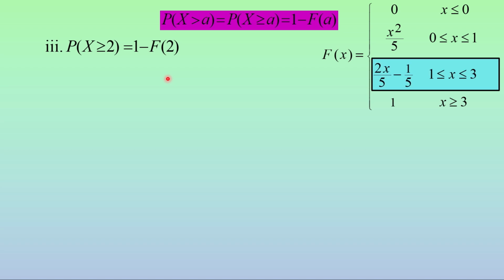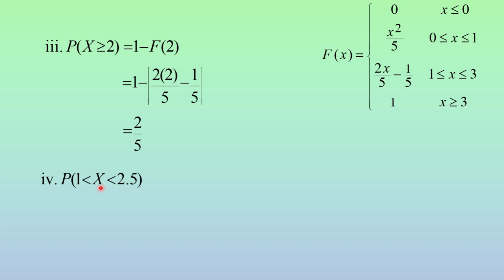So to find the value of F(2), check for x equals to 2 in the CDF. So it is in the interval 1 to 3. So F(2) is found by substituting x equals to 2 into the function 2x over 5 minus 1 over 5. Then solve, so the answer is 2 over 5.